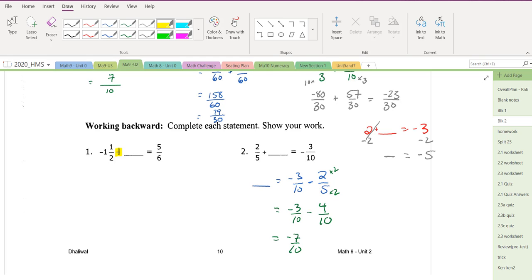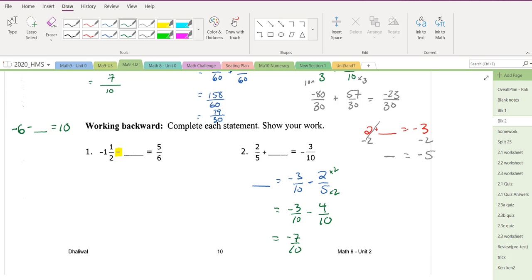So let's set up another similar example. If I go -6 minus blank is equal to 10. What would that blank be? How would we figure it out?